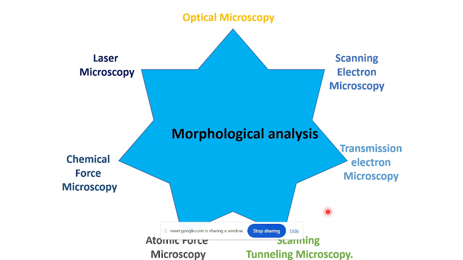So first you put it inside a sputtering machine. First you coat your material with gold nanoparticles, then you put that coated material under the instrument and you see the morphology.